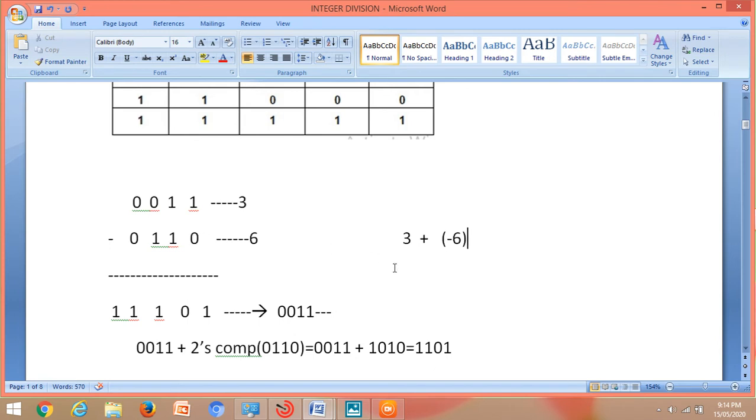It is obtained by first taking the 1's complement of 6, which is 1, 0, 0, 1, and then we add 1 to it. So 1, 0, 0, 1 plus 1 will give us 1, 0, 1, 0.